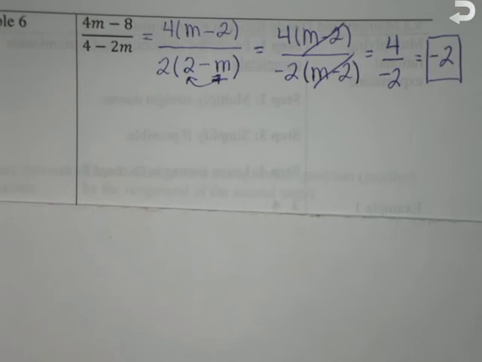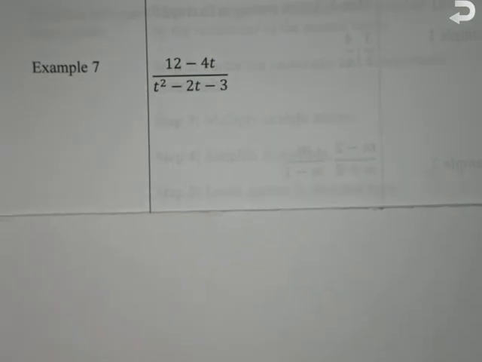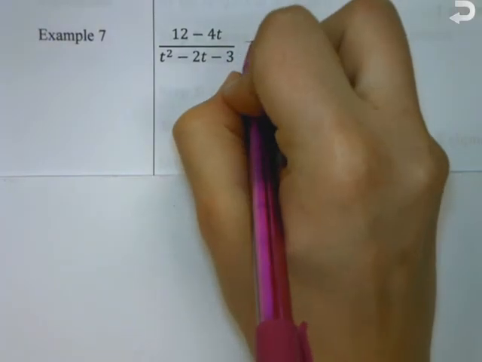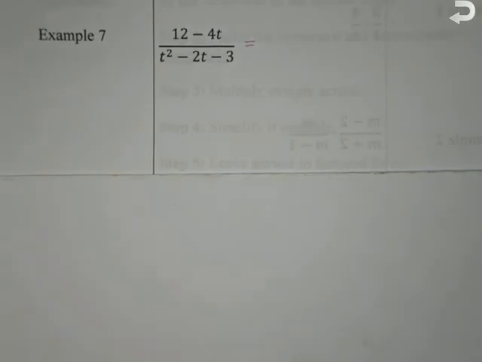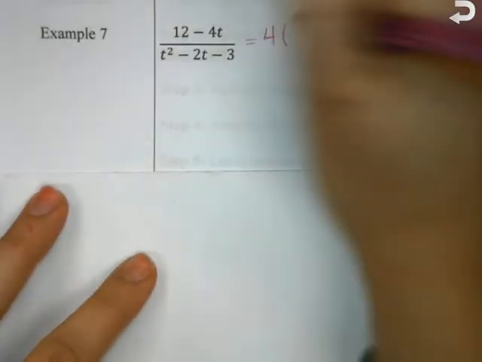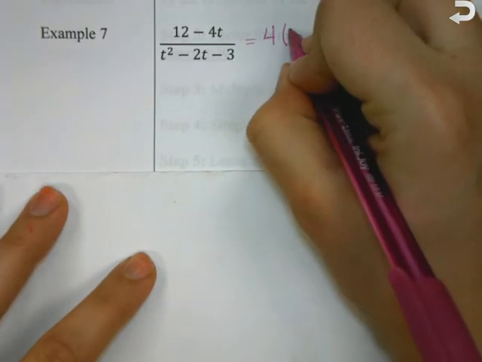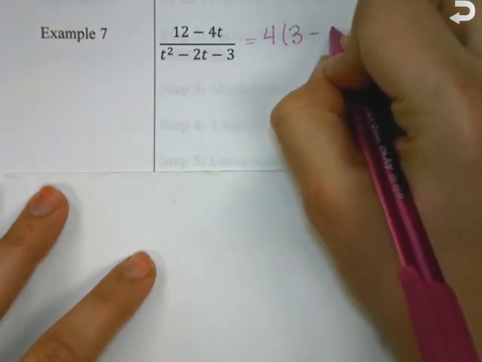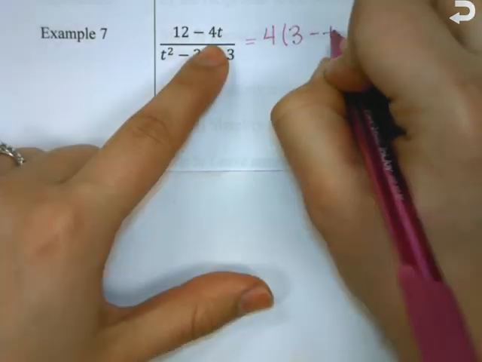Let's look at another one, example 7. 12 minus 4t over t squared minus 2t minus 3. Okay, numerator. How do I factor the numerator? GCF. GCF is 4, so factor out the 4. And that's going to leave you with 4 times 3 minus t over.